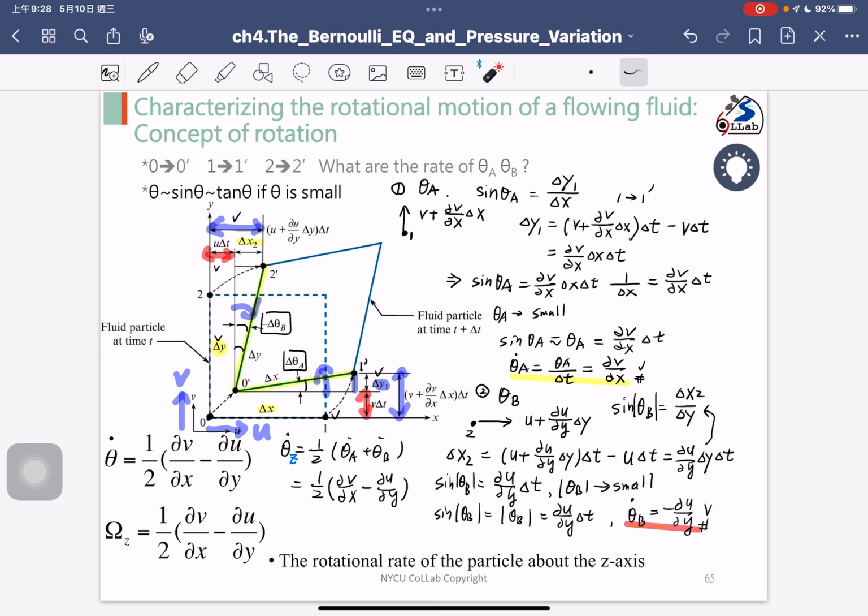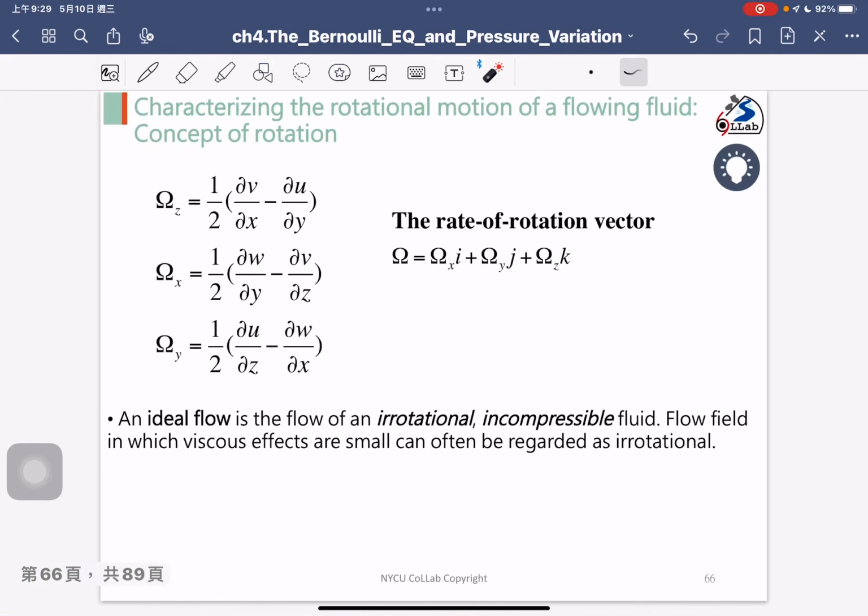Okay, so in the future, if we know the velocity field, we have the u and the v velocity functions, and we can compute the theta rate changes very quickly based on the equation shown here. If we change the rotating axis, we will have a different theta rate for different rotation axes. The next slide summarizes all the rotation axis results.